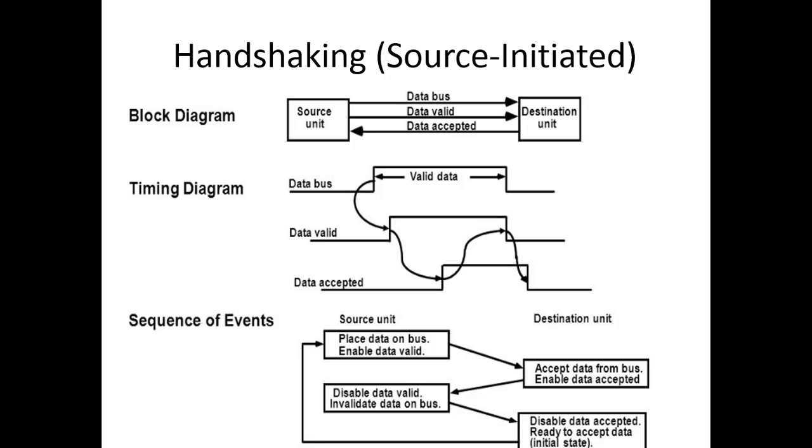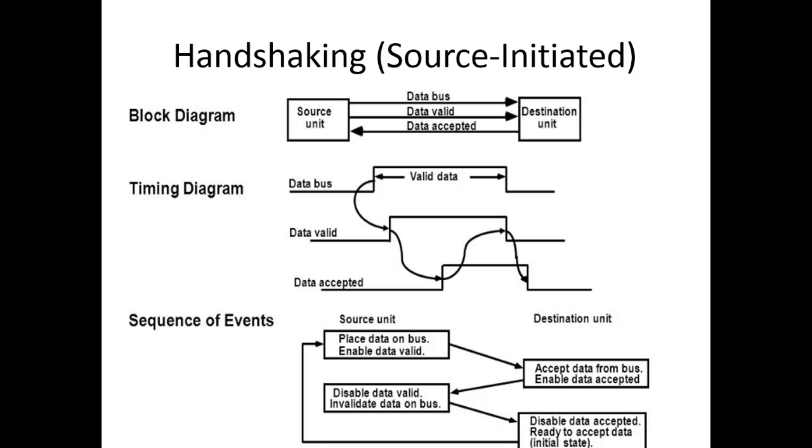When this data accepted signal is received by the source, it assumes that whatever is the data sent through the data bus has already been received by the destination unit, and that's why it disables data valid control signal.